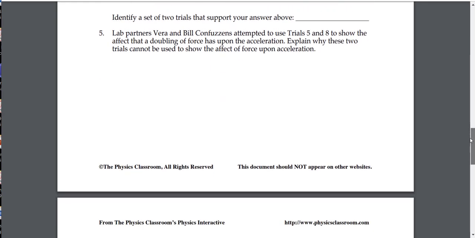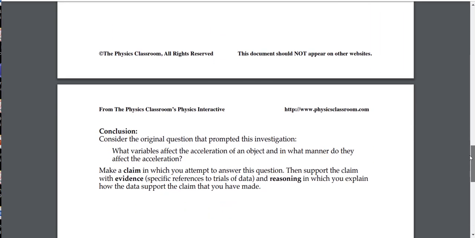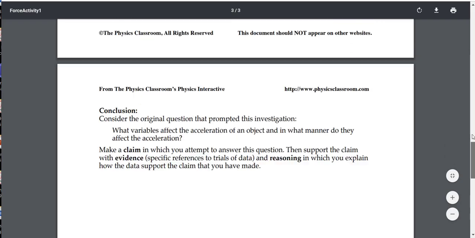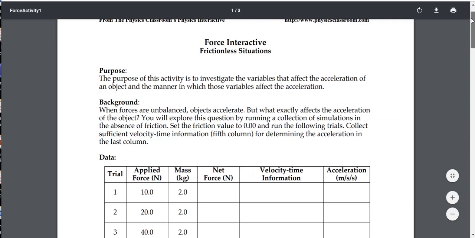And on the last page, we're asking you to think about what variables affect the acceleration and how they affect it. So give 2 or 3 good sentences at least that will support your claim. Okay, so that takes care of when you do not have any friction.